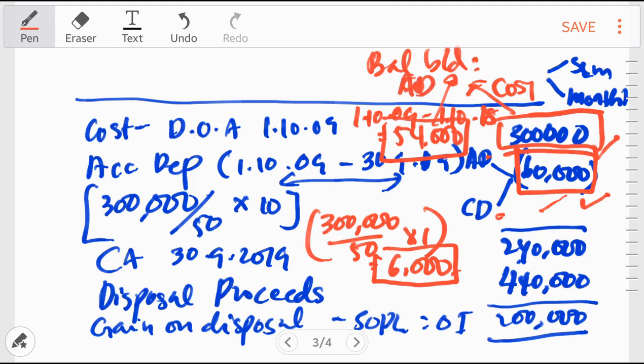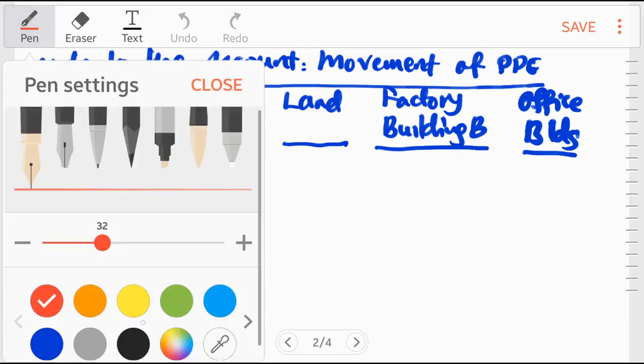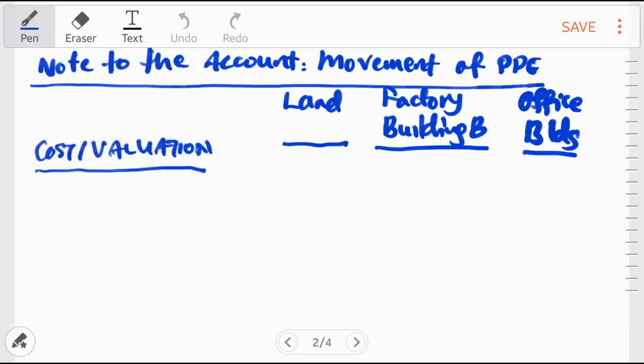Okay, let's do that together. So the beginning balance for each category of asset, you can check your answer or your workings that you have earlier done.